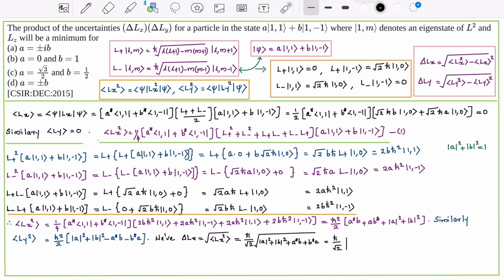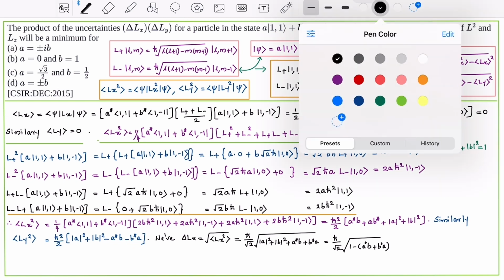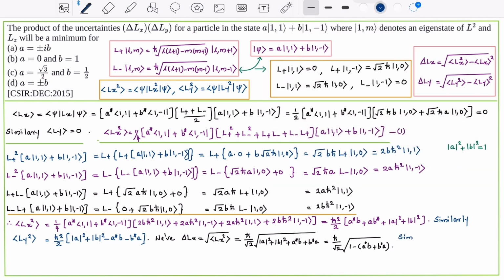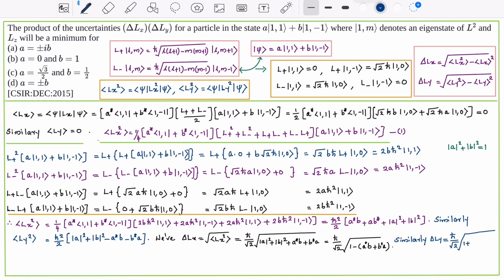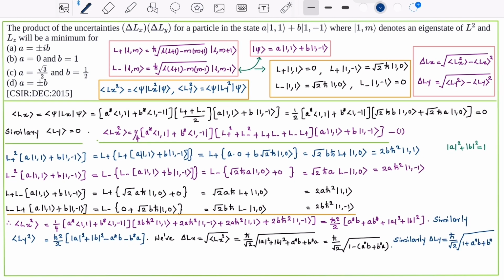Therefore, we can write delta Lx as h bar by root 2 times the square root of 1 plus A star B plus B star A. Similarly, we can find delta Ly, that is equal to h bar by root 2 into the root of 1 minus (A star B plus B star A).